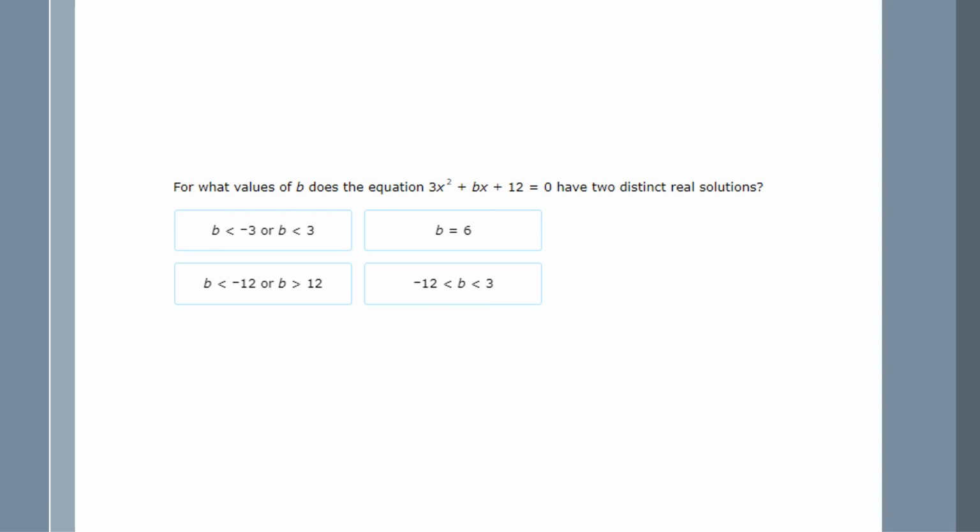All right? What values of b does the equation 3x squared plus bx plus 12 have two distinct real solutions? So remember what it means to have real solution. That means that when you get to this part, the square root is positive.